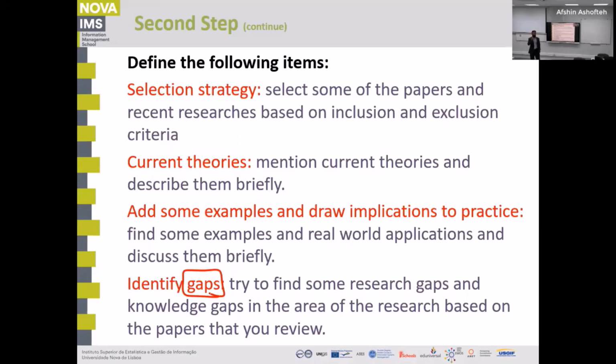So they identified some gaps and they said that, okay, in the next 5 years, in the next 10 years, these are the gaps, these are the important topics that people should work on. And it makes sense to go and study this part of the science. And based on that, you can identify some gaps and mention them in your paper.